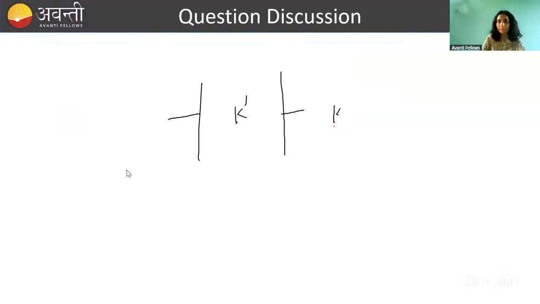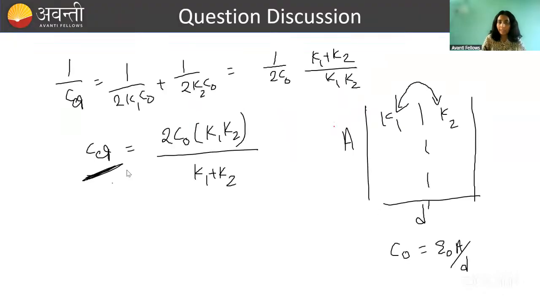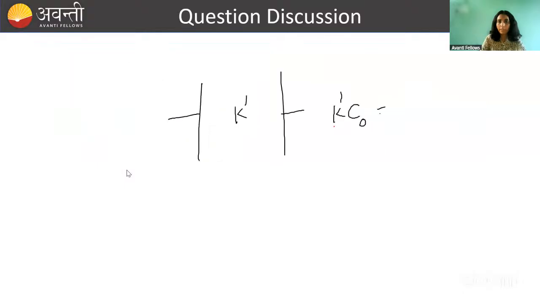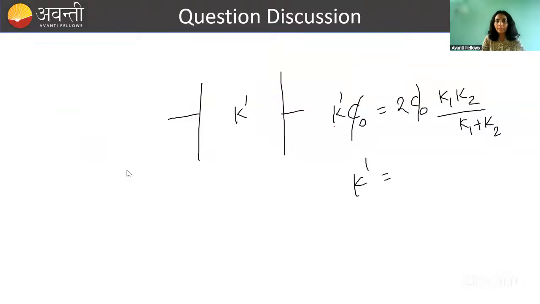So the new capacitance will be K dash C naught, and that has to be equal to this. If you equate it, you will get 2 C naught K1 K2 divided by K1 plus K2. So the single dielectric in place of the two can be K dash equal to 2 K1 K2 by K1 plus K2.